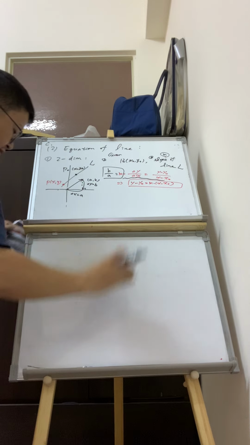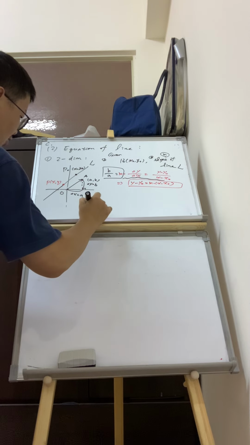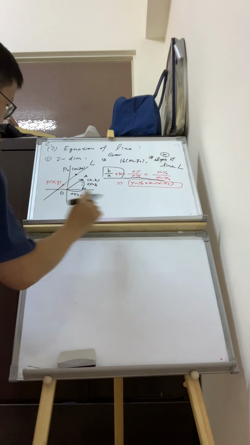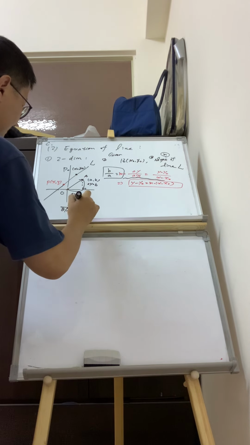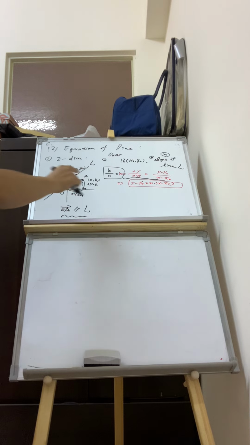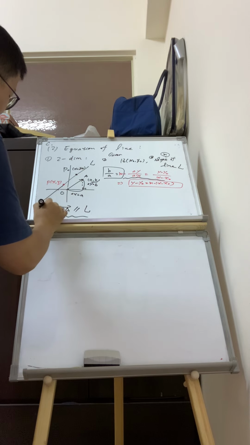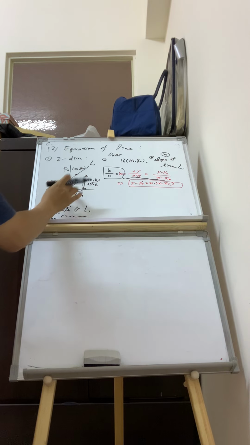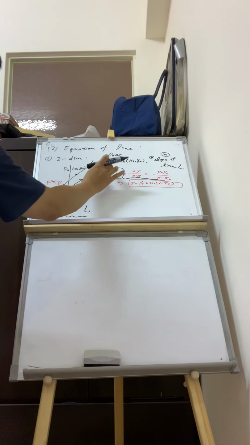If I label the origin O and the point A, you could see that the vector OA is parallel to any vector in L. The straight line passing through O and A has slope b over a, and the slope of the line L is also b over a.